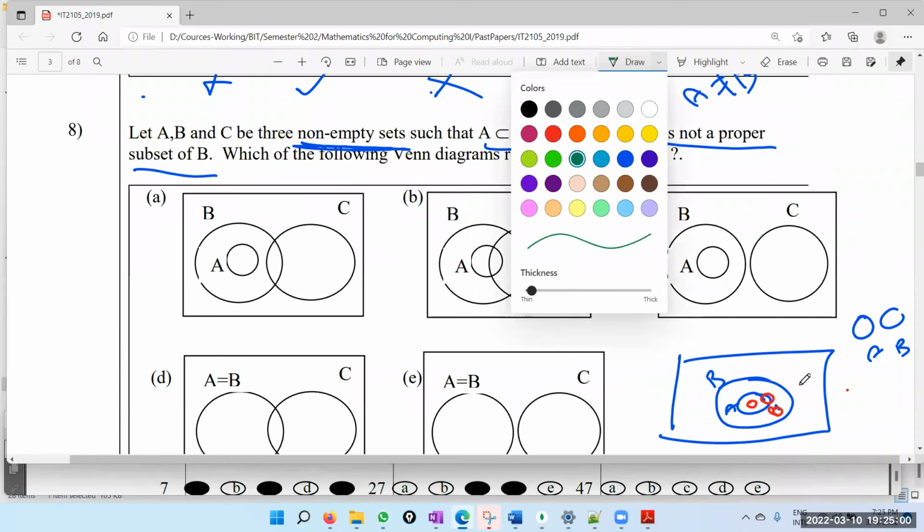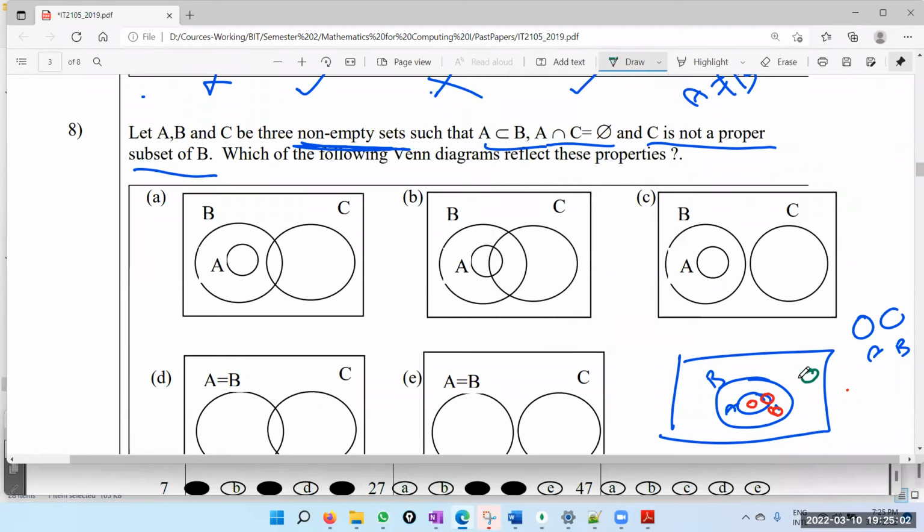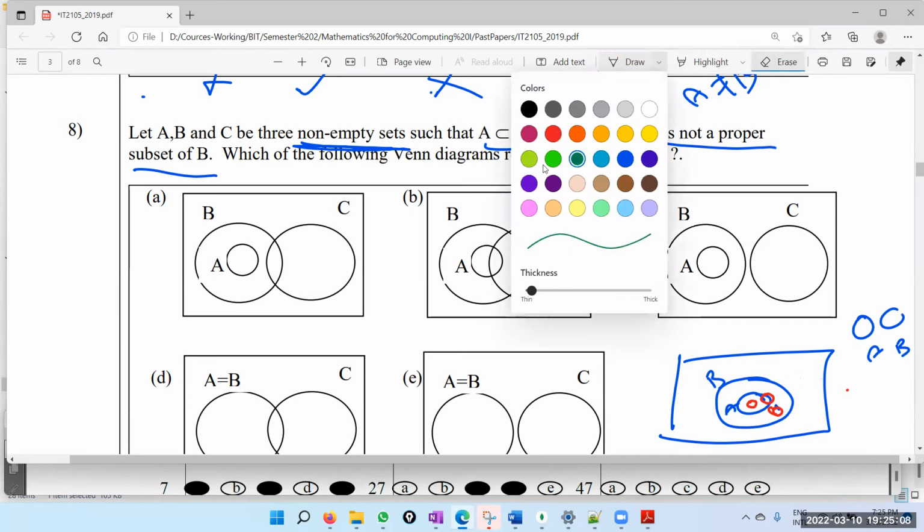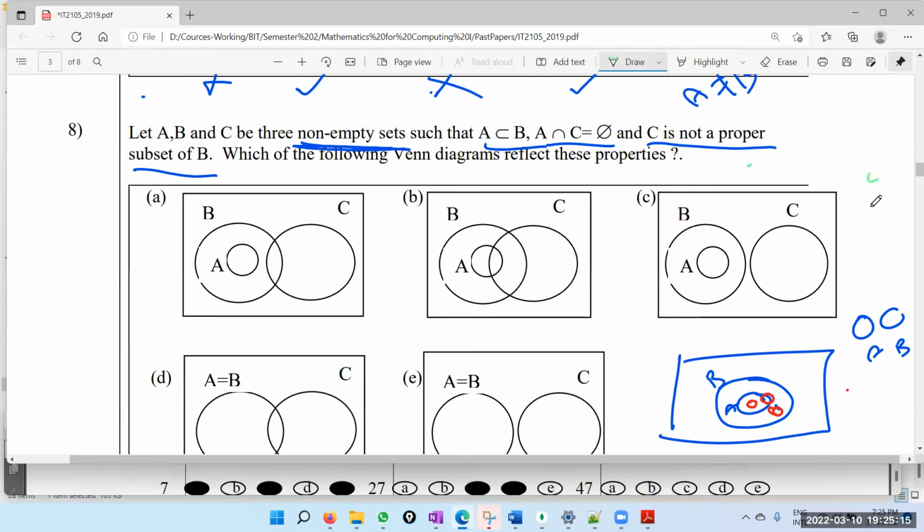So therefore still this possibility is there. Okay, let me draw it in some other color. Right. So therefore this possibility is there. Right. And also this possibility is there, intersection, right? Those two possibilities are there.